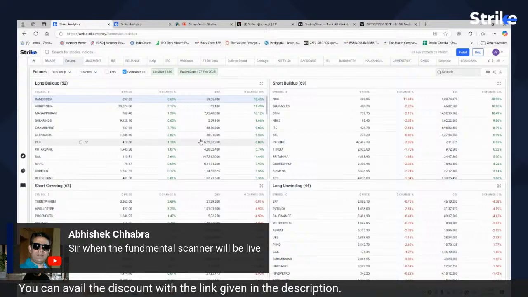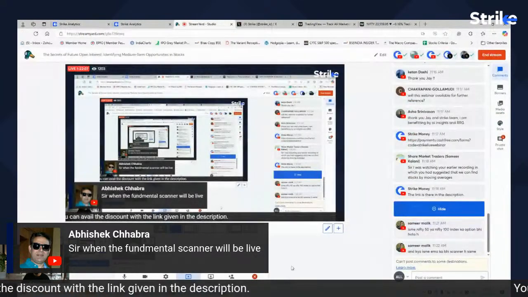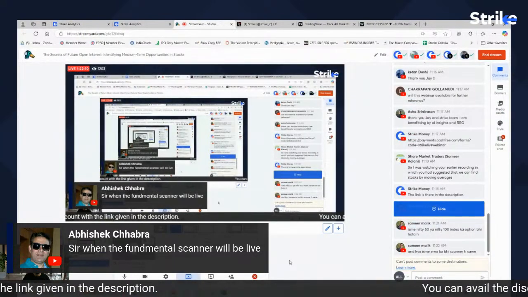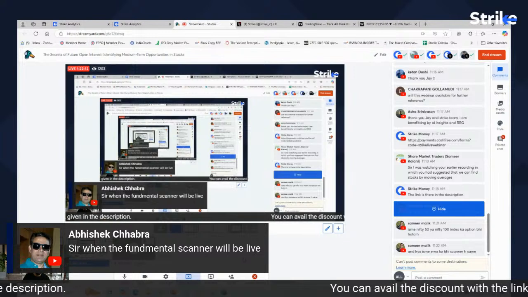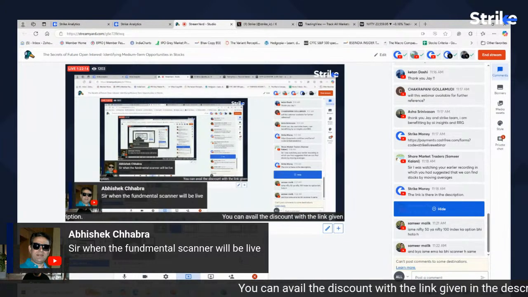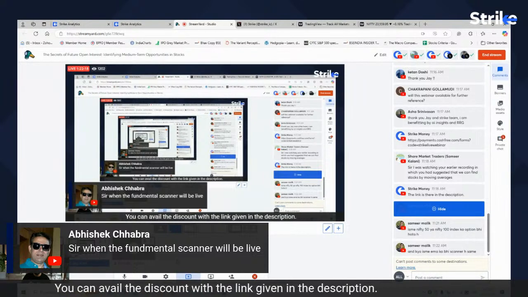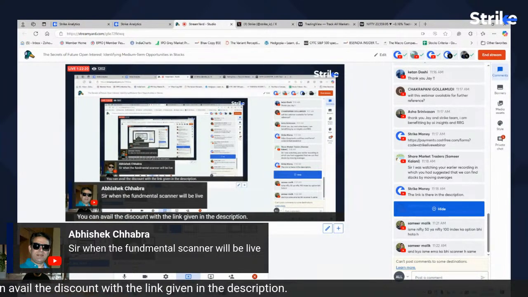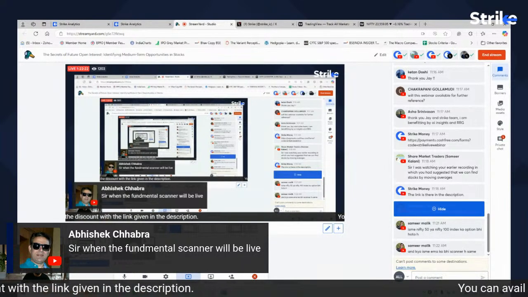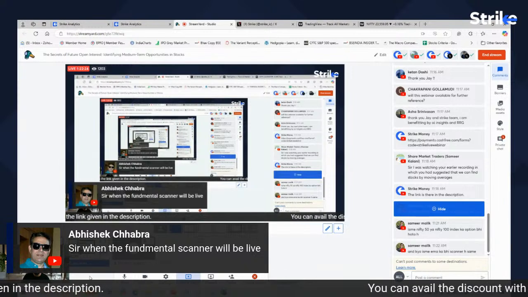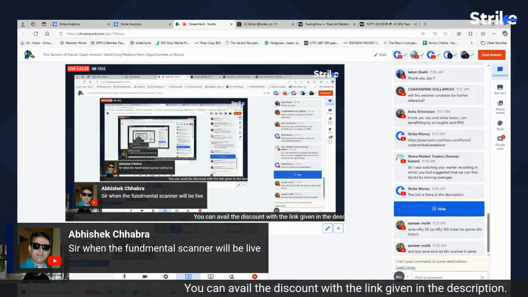We are in the process of doing this in the options module and all other modules. Once we are done with that, we'll start putting out more and more scanners, like the fundamental scanners which we have already made, and there will be a lot more scanners that we will build eventually.